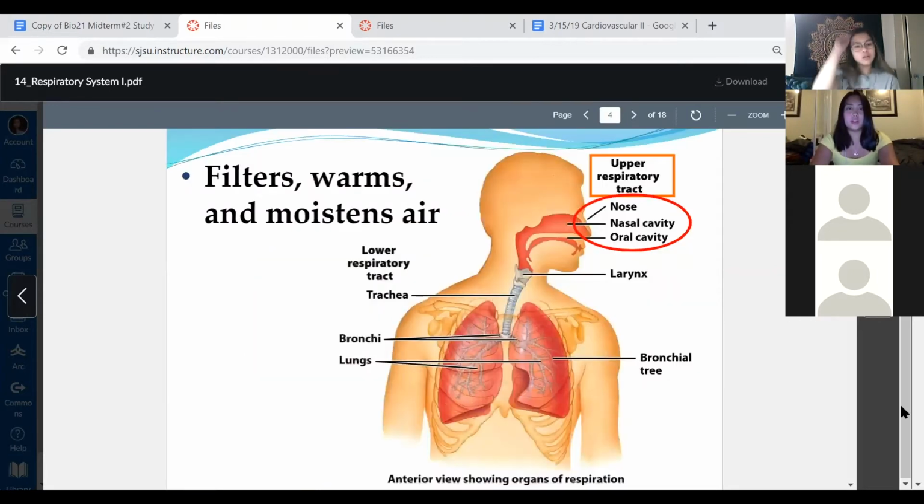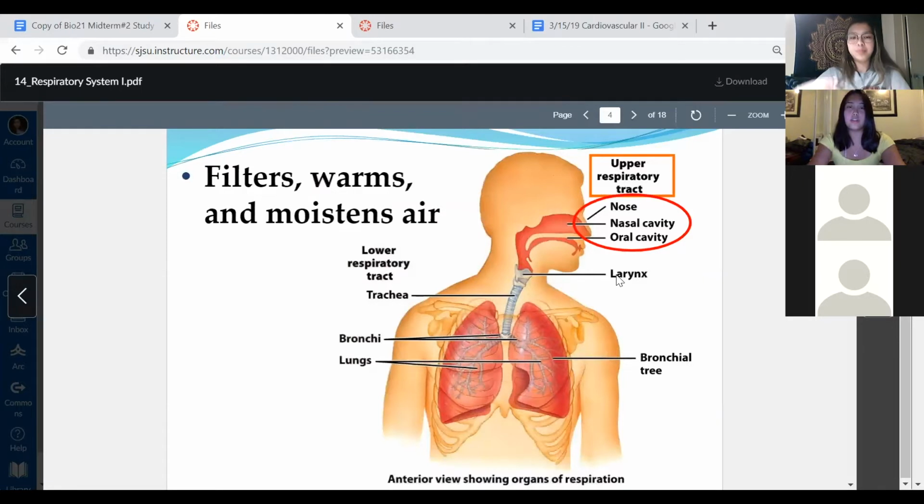So the upper respiratory tract is everything that is above, see that slide? The larynx is the one that's kind of the middle part between the upper versus the lower. But the upper respiratory tract has the nose, the nasal cavity, the oral cavity, and their function is to filter, warm, and moisten the air.